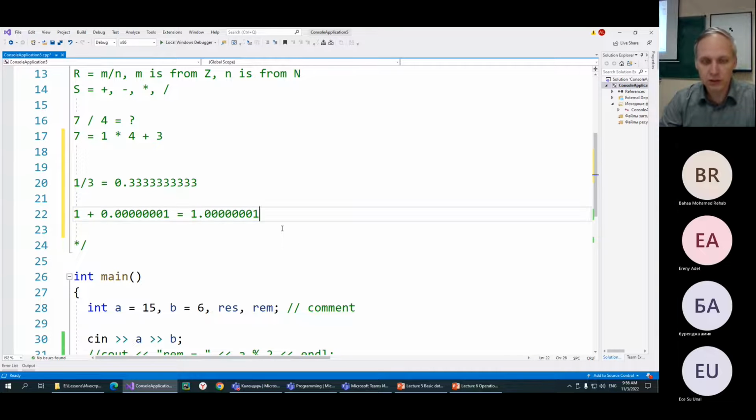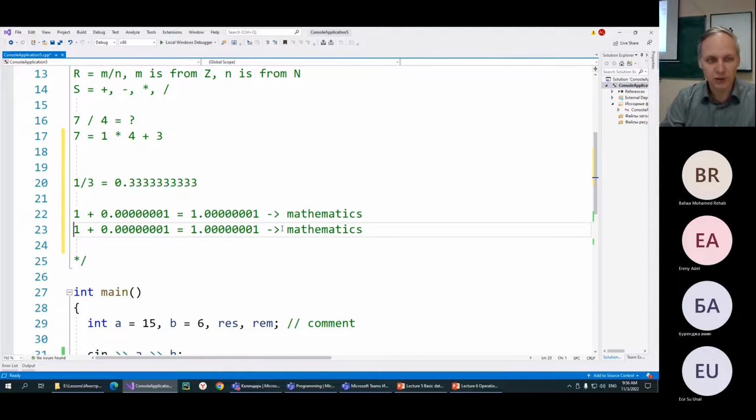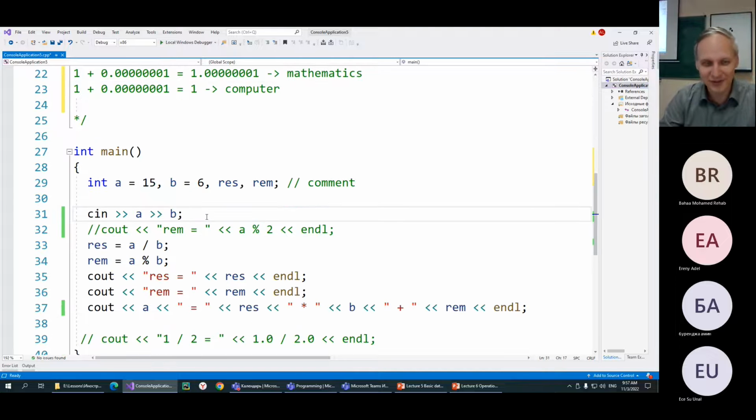In mathematics we get the longer result, but in the computer, 1 plus this number gives 1. Let's check this very strange fact.